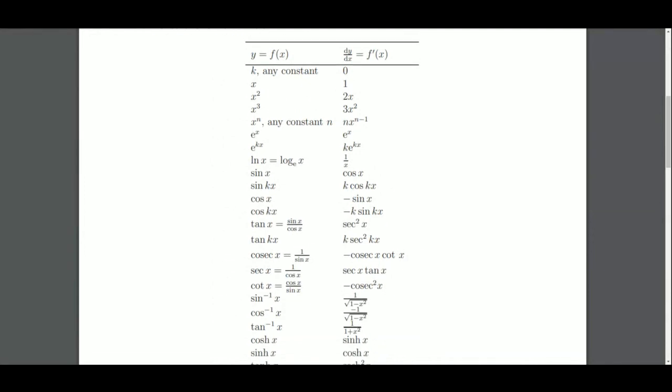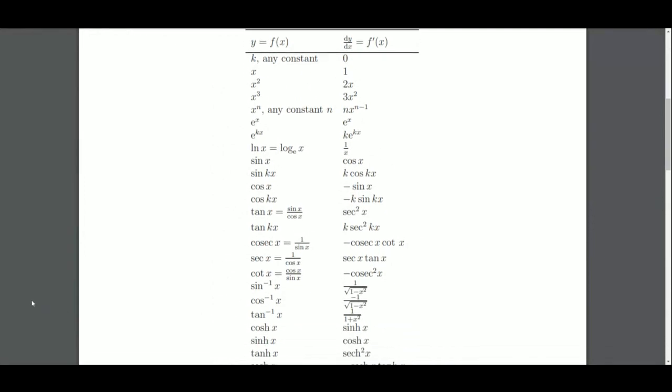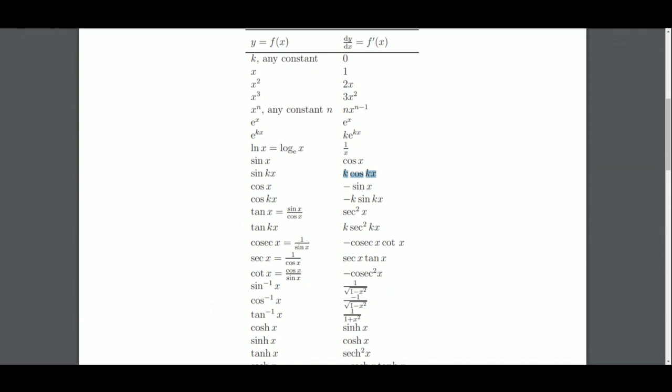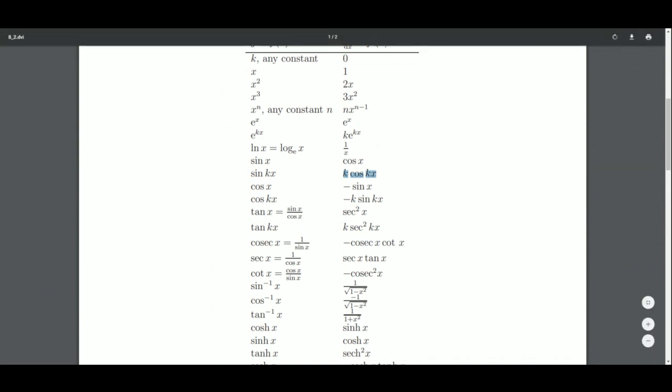Okay, table of derivatives. We're looking for sine AX, or sine KX as it is in this example. If we look, the differential of sine kx is k times cosine kx. In our example, x changes to t.